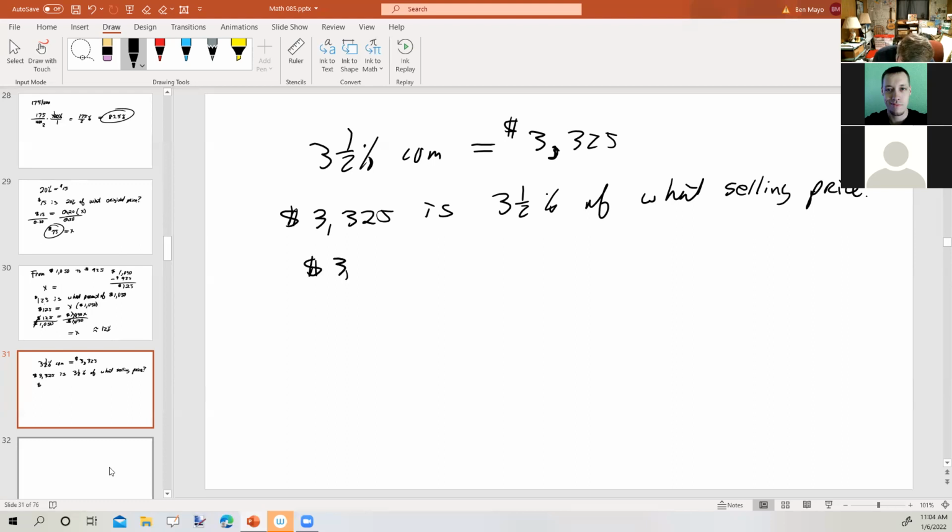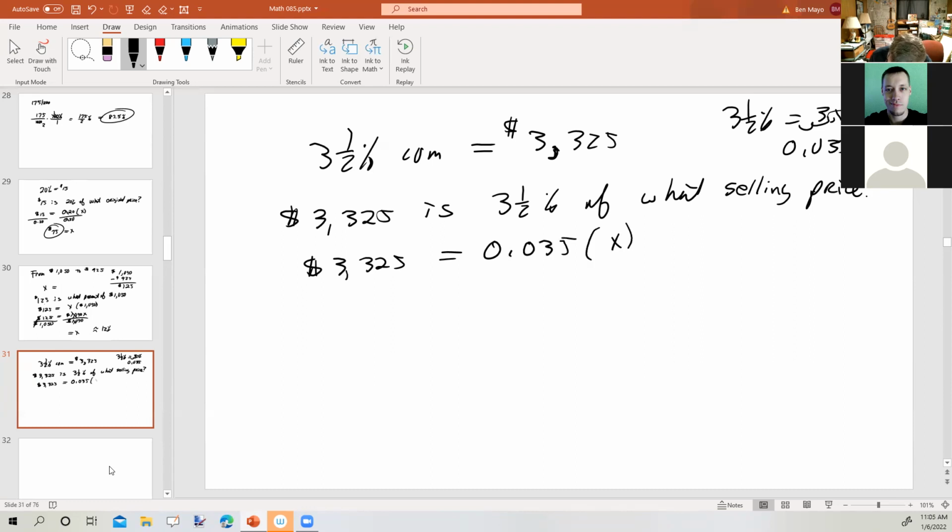So 3,325 equals, now 3.5%. We'd move the decimal point over 2 places. So this would become 0.035 times the unknown selling price. Okay.